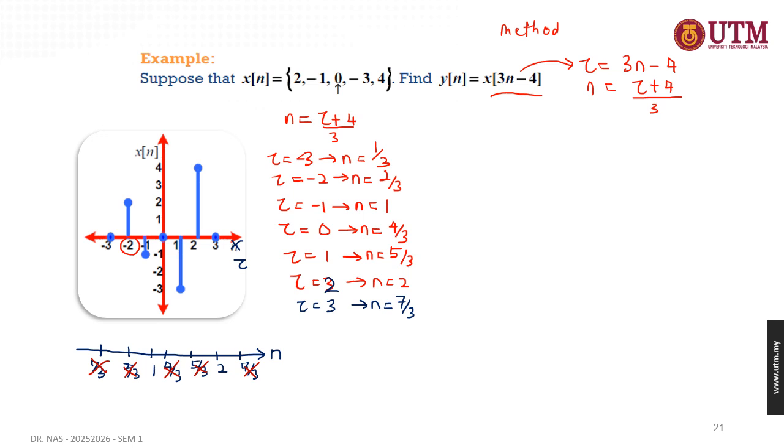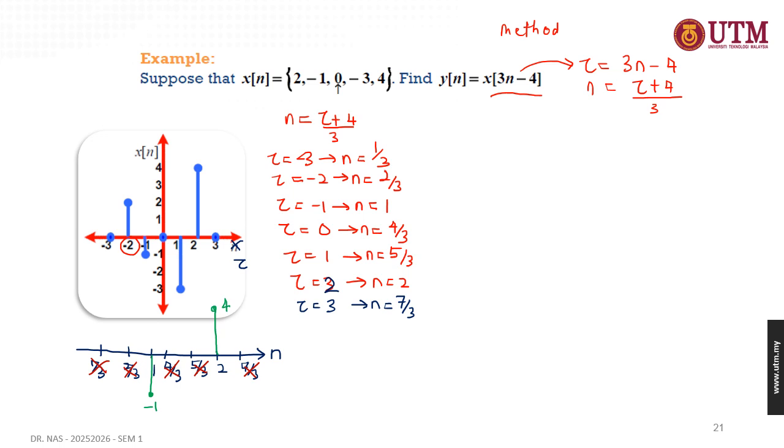So you have the signal at 1. Originally at minus 1, now it's 1. The amplitude is minus 1. And next one, you have at 2. This one, the amplitude is 4. So that's the only signal you have.